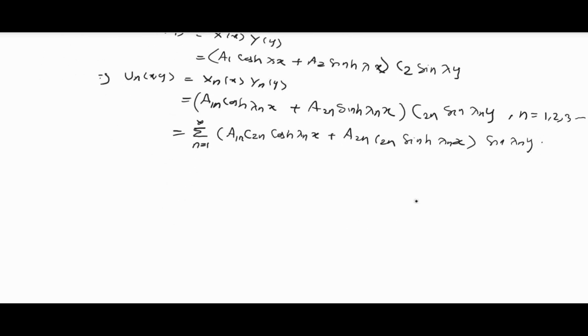Next, you can see here two constants a1n and c2n are in product form. Here also they are in product form, so we can take this one as an and this one as bn.